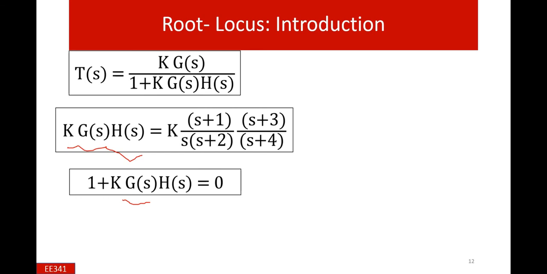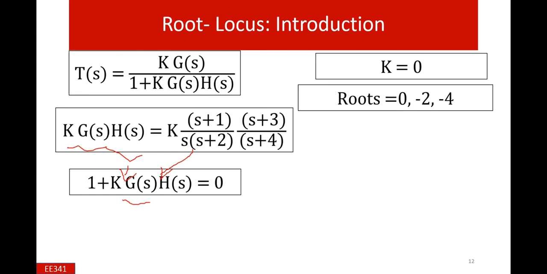If we put this equal to 0 and take the LCM, we find the values of s existing at 0, -2 and -4. These are the roots. This is the starting point of the root locus.